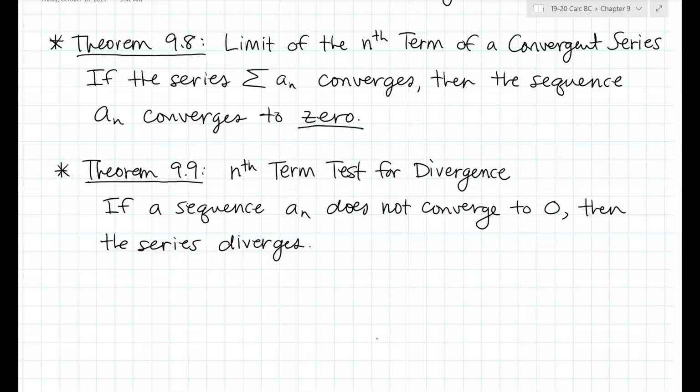I know you're thinking, I don't see what you're talking about. We'll do some examples right now. But just be careful not to misinterpret 9.9. 9.9 is strictly a divergence test. It doesn't tell you if it converges. It only tells you what will happen in order for it to diverge. So if the sequence doesn't go to 0 when you take its limit, then the series diverges. If the sequence does go to 0, then I have no idea what happens. The theorem doesn't tell me what occurs.